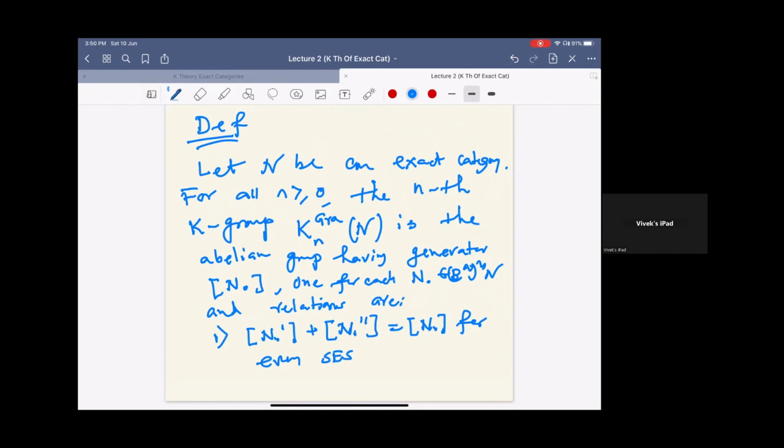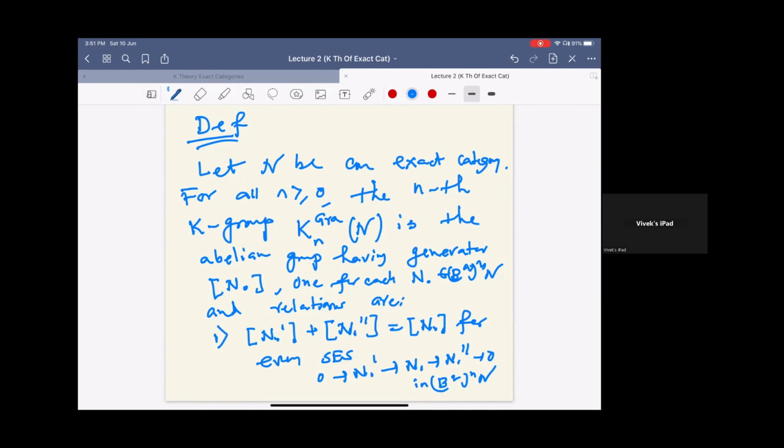So as you remember, BQN is an exact category, so you have a notion of exact sequence, kernel, co-kernel pair. Okay, so this is actually exactly the K0 group that we have defined. So it's the free abelian group generated by each of the objects modulo this relation.